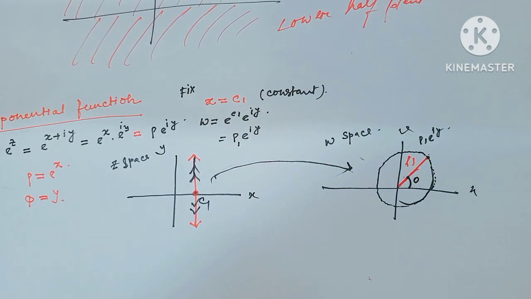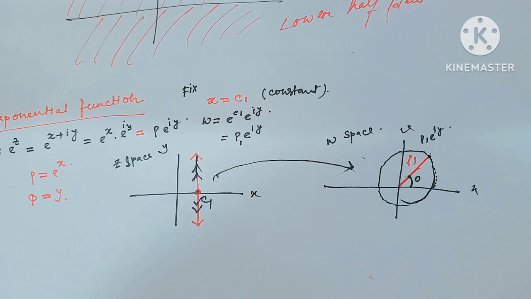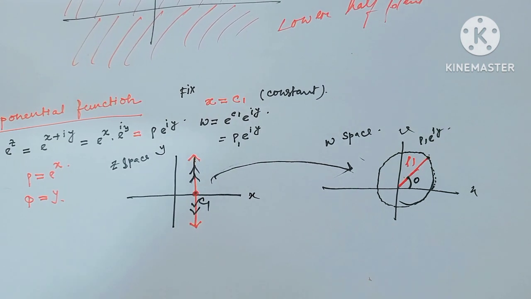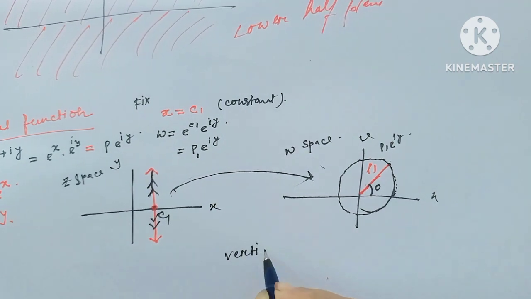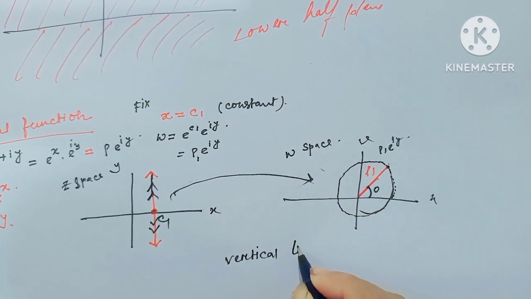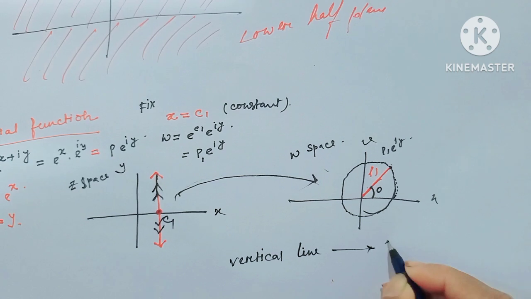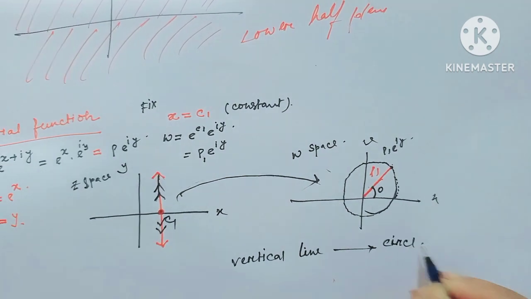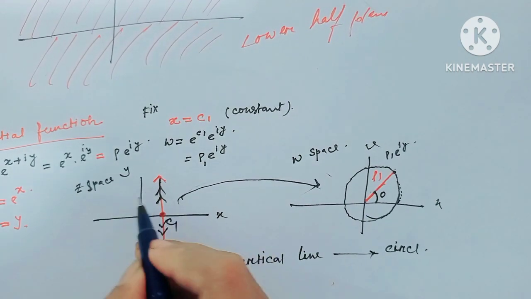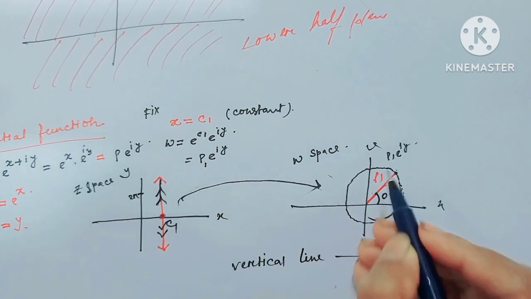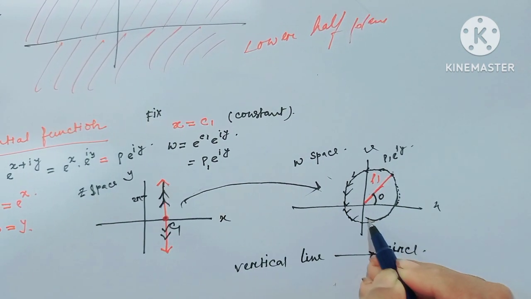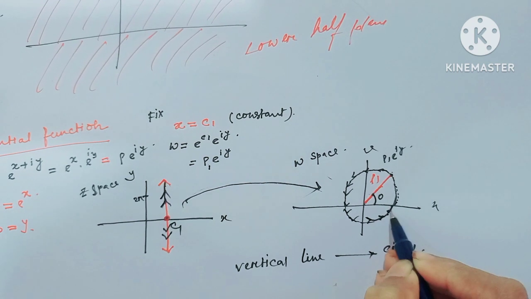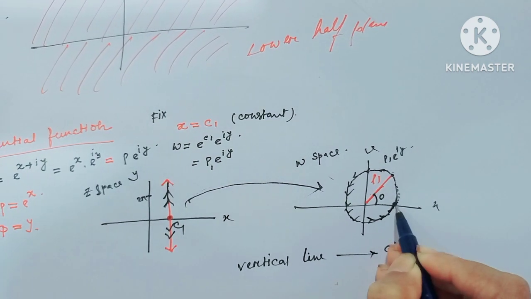I hope all my viewers have understood the picture. Next, the vertical line maps to a circle, and at 2 pi the point on the circle comes back to the starting point.